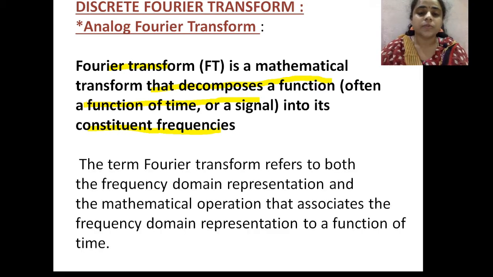The term Fourier transform refers to both the frequency domain representation and the mathematical operation that associates the frequency domain representation to a function of time. It is just a transformation from time domain to frequency domain in association with mathematical operations.